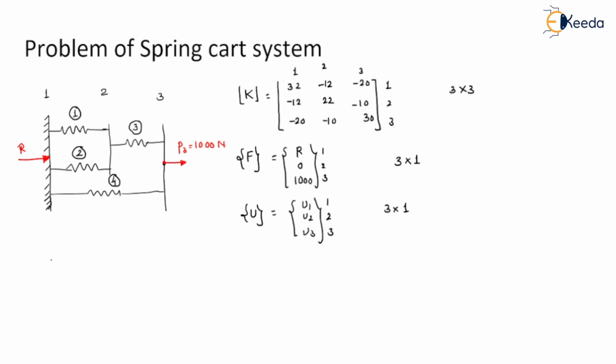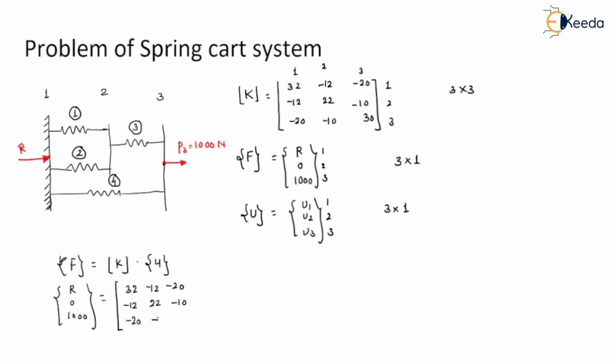So we can write the force vector F is equal to K into U, into this matrix U1, U2 and U3.